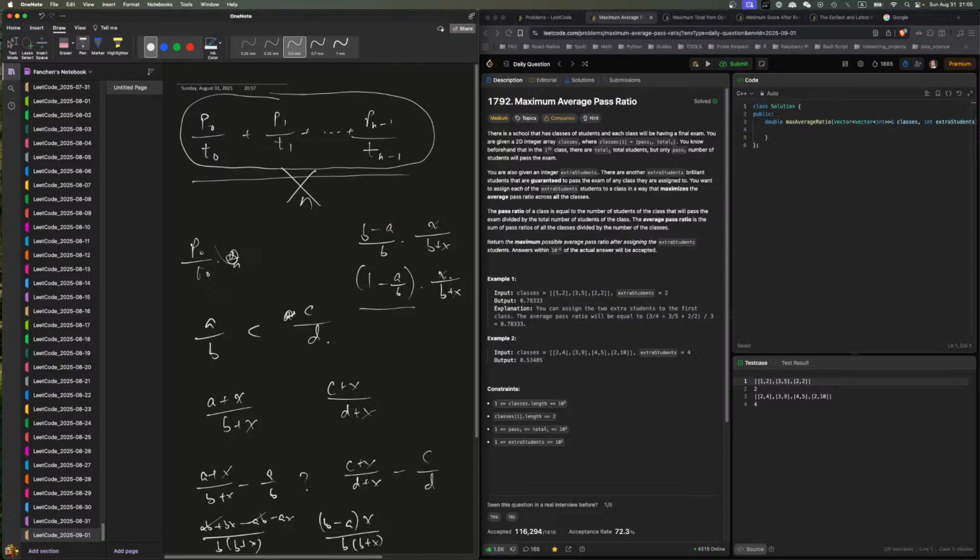This one is inconclusive, because we don't know the values of B and D, right? Otherwise, it's very similar. So I know that 1 minus A divided by B is going to be larger than 1 minus C divided by D. How about this and this?